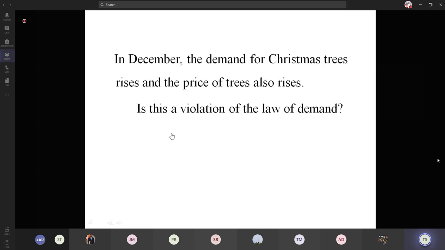So this is the exception, and which comes under whose commodity? Veblen or Giffen? Luxury commodity, conspicuous consumption comes under Veblen's. Okay.